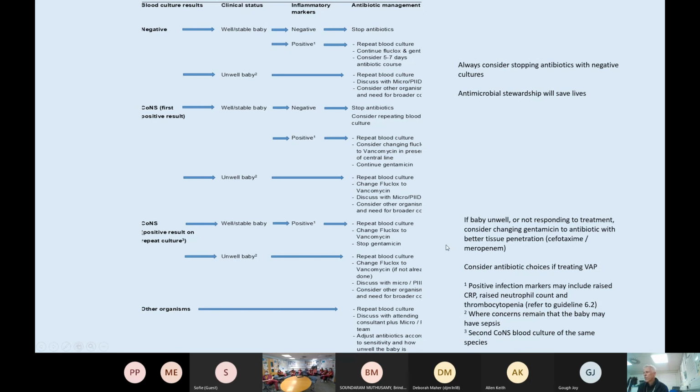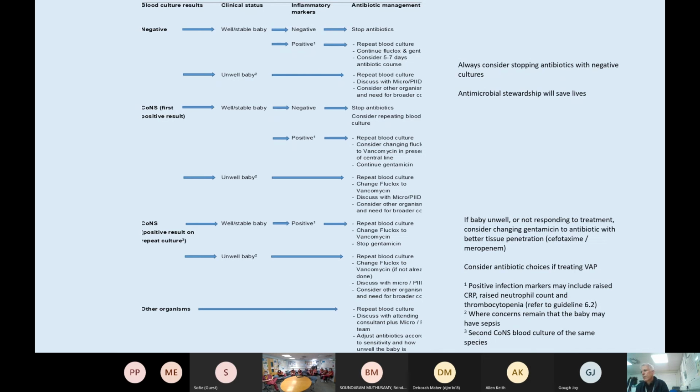And the other thing, I guess, is what might precipitate you to change antibiotics. As I said earlier, none of our CONS are sensitive to flucloxacillin. So if you do think it's CONS sepsis, then you'll need to change the flucloxacillin.